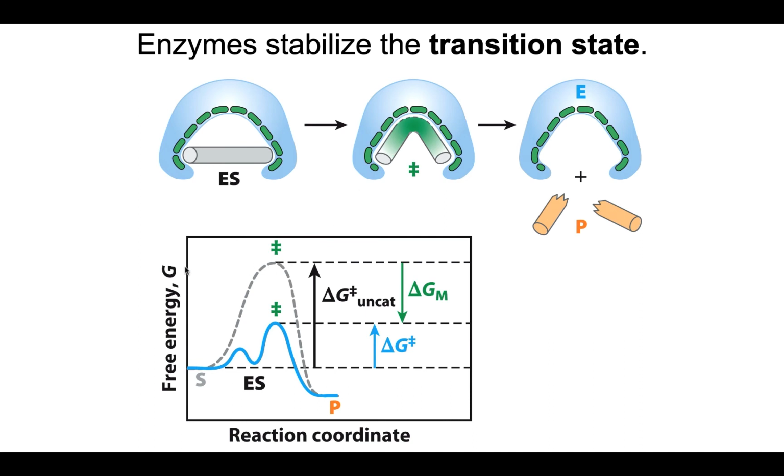So here's what that transition state would look like without the enzyme, and here's that transition state with the enzyme. These little bumps here, this is the transition state to bind the enzyme. And then this here is the transition state of getting that substrate into its transition state. And then we release the product.